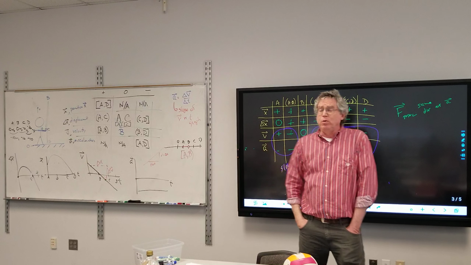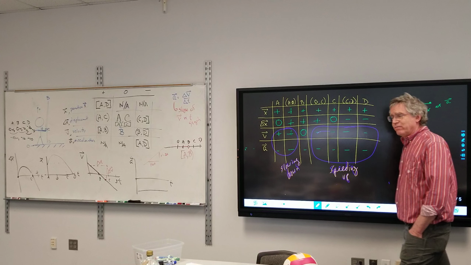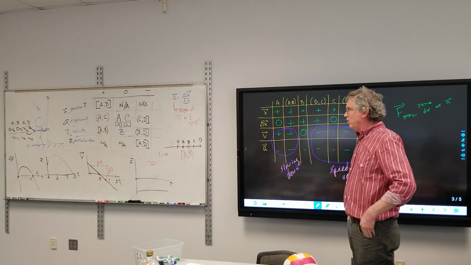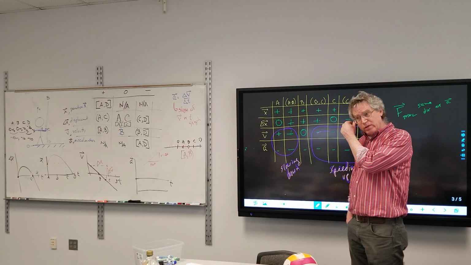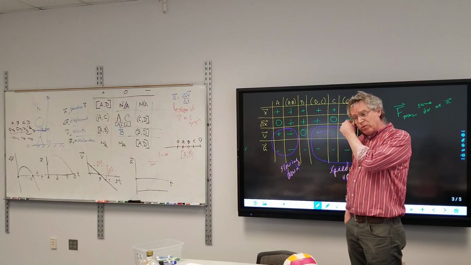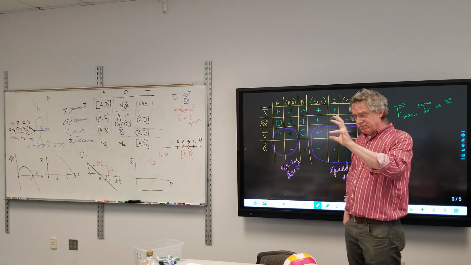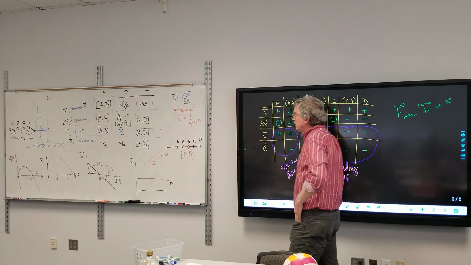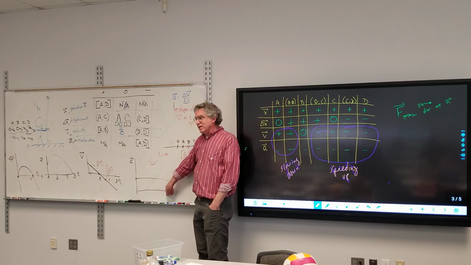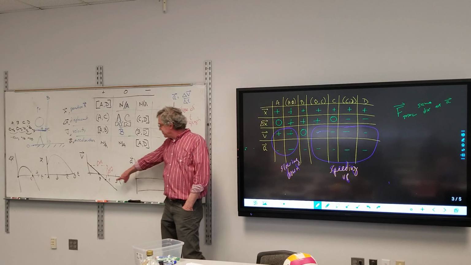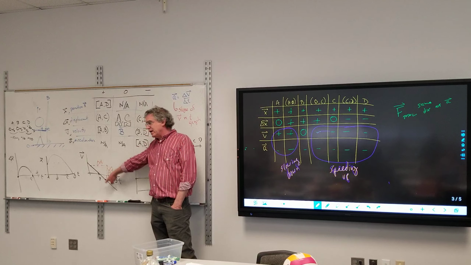I'm trying to give you multiple ways of looking at the exact same thing. If all of it clicks for you, excellent. If only part of it clicks for you, then you know where your strength is. You can either work on the other one or just try to look at everything in terms of the way that you look at it. So, acceleration is constantly negative here because this slope is constantly negative.